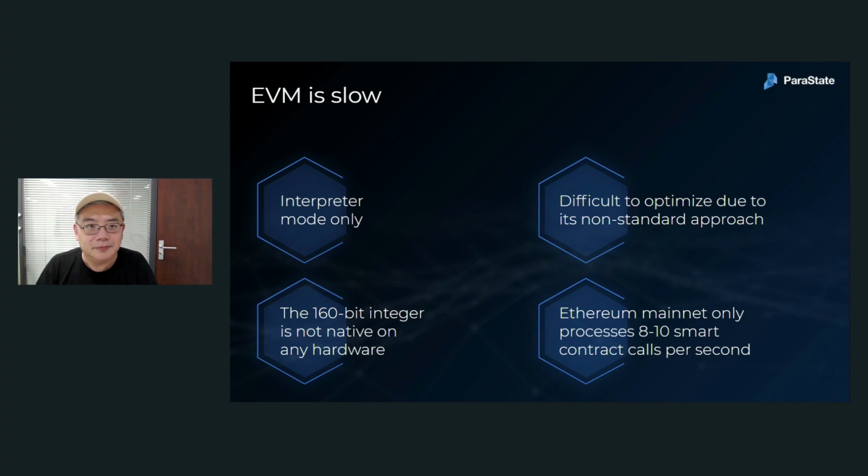As a result, the Ethereum mainnet only processes like 8 to 10 smart contracts per second. You can compare this to JavaScript. Right, it's not very fast. It's running in interpreted mode, and it's a long way from, say, a native or compiled application.